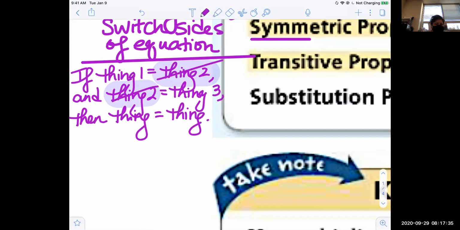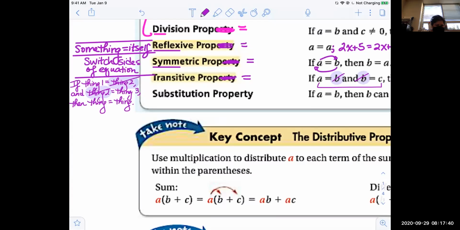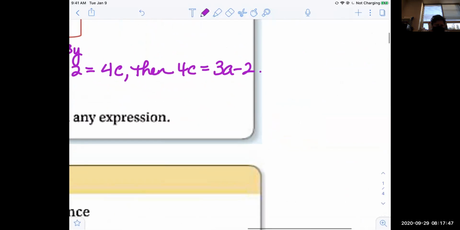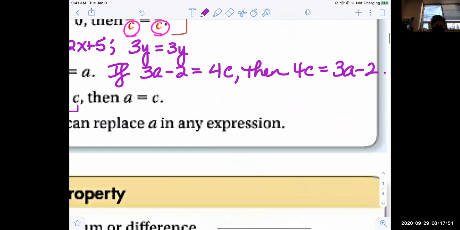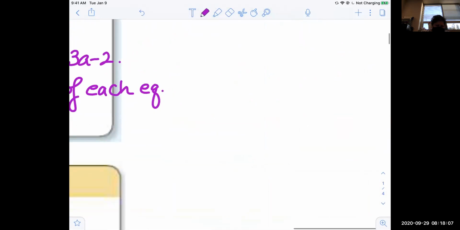The whole entire side is getting wiped out. So for transitive, one whole side of each equation must match.